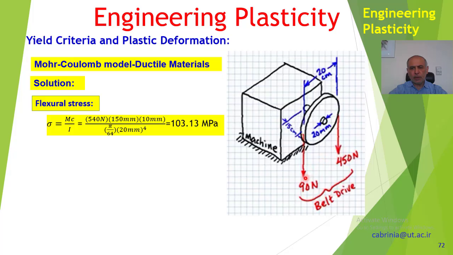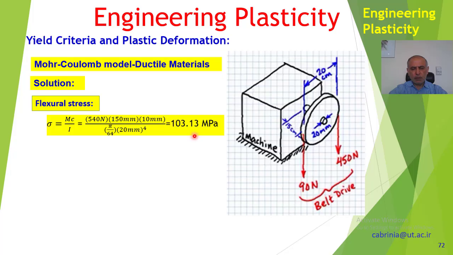So this 450 and 90 are applied downwards, so if we add them together we get 540, and then times this distance, which is 15 centimeter or 150 millimeter, so we get the bending moment on the shaft, and then divided by I. Because the cross section of the shaft is circular, this c is equal to R, and I for the circular cross section is pi over 64 D to the power of 4, where D is 20 millimeter.